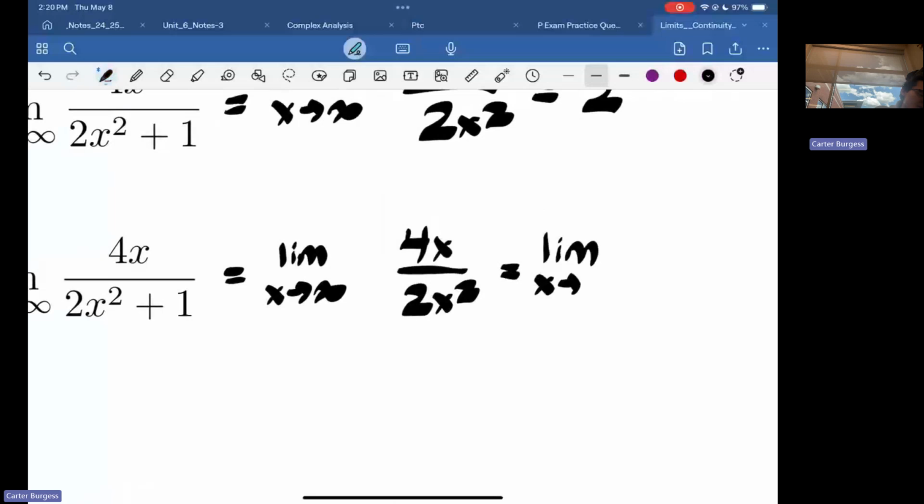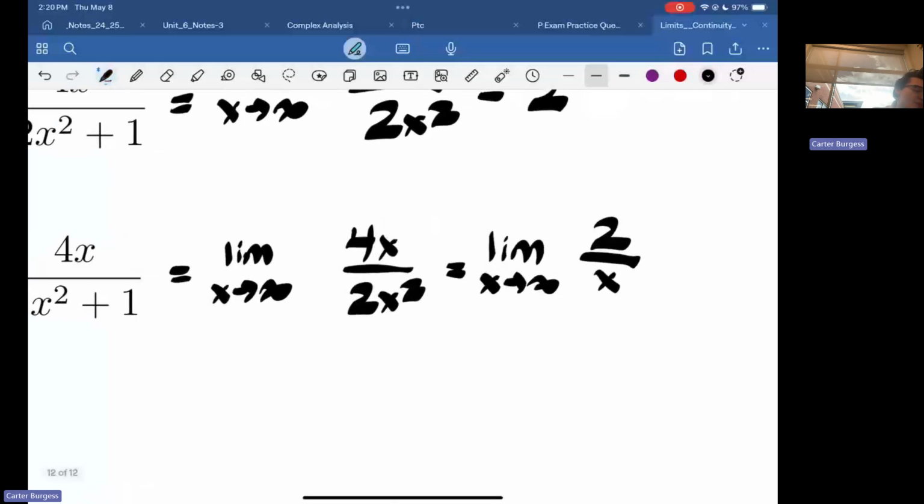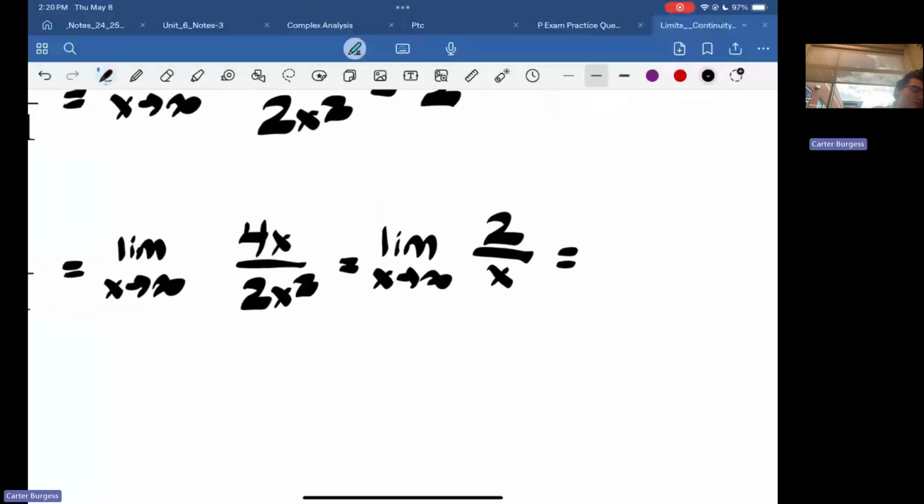As x approaches infinity, 4 divided by 2 is a 2, and x divided by x squared is an x. But we're taking the limit as x is going to infinity. And so what happens when I do 2 divided by a very, very large number? 2 divided by when the denominator gets big? 0.